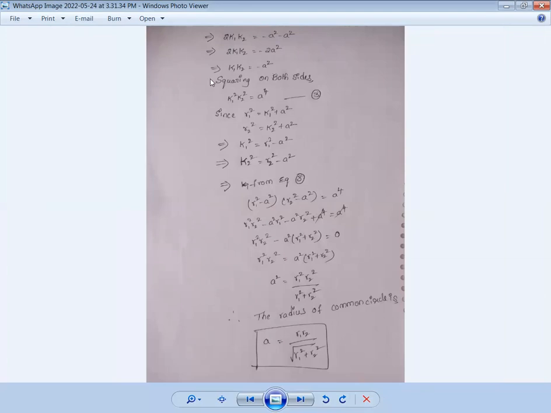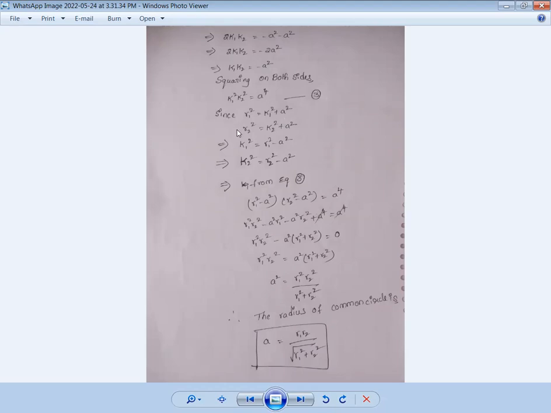Actually u1u2 is 0, v1v2 is 0. w1w2, that is 2k1k2 is equal to d1 plus d2. d1 is minus a square, d2 is minus a square. So 2k1k2 is equal to minus 2a square. Both sides 2 cancels, then k1k2 is equal to minus a square. Squaring on both sides, k1 square k2 square is equal to a power 4. Let this be equation 3.